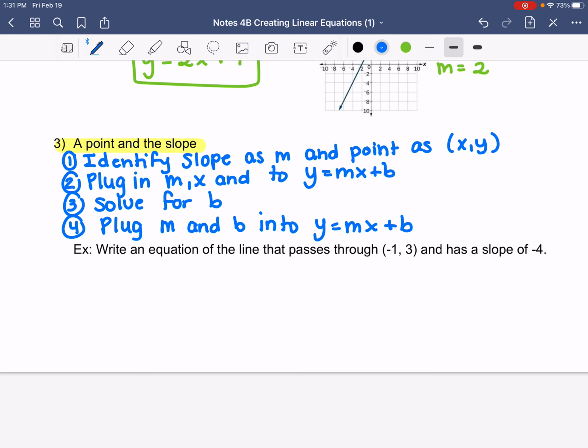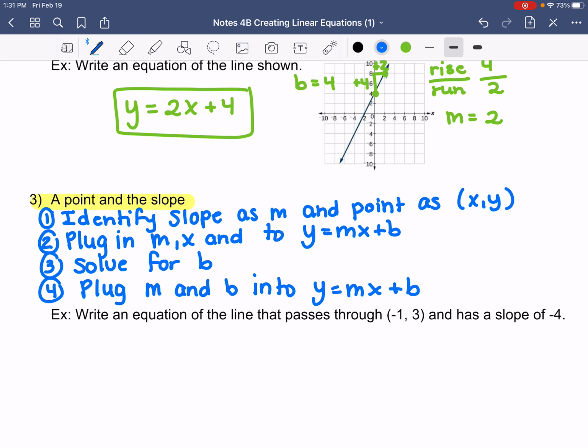So instead of having to worry about multiple different formulas, we're just going to use this slope-intercept form rather than point-slope form. But if you know how to use it, feel free to.